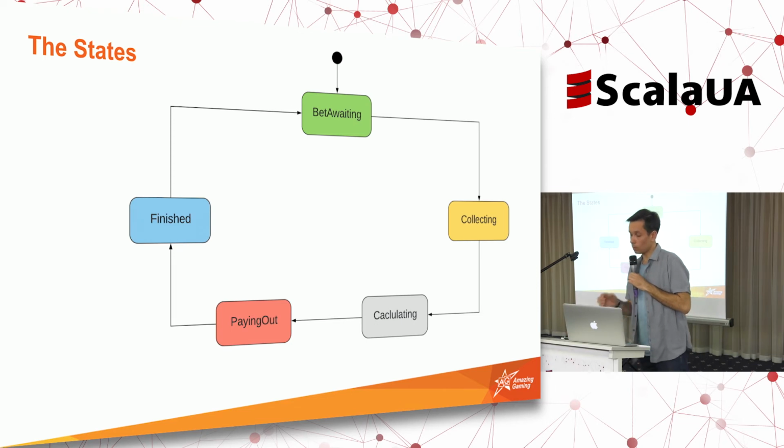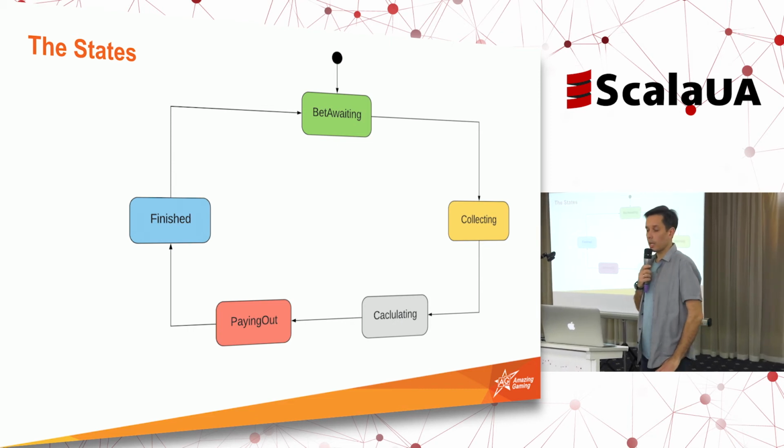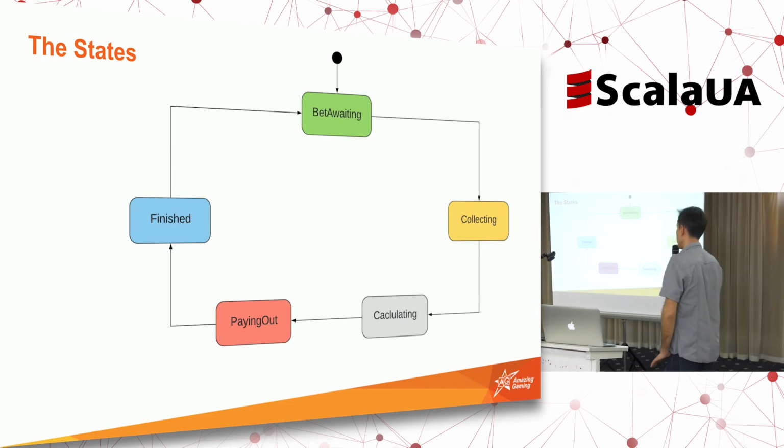So in an event-driven system, each particular event switches the state, and we can factor out 5 main states in this particular example.